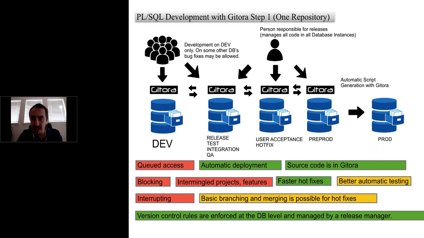Harry asks, if the company has a central Git account for other code, do you use that repository or is Gitora always separate? We can point Gitora to any Git account, any Git installation you have.